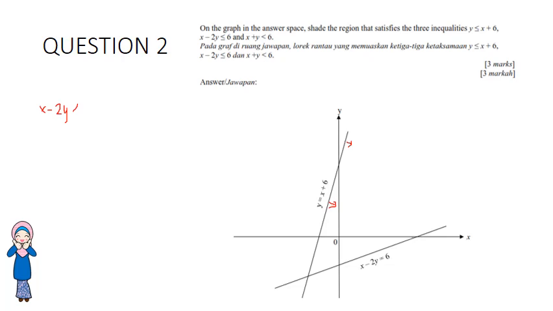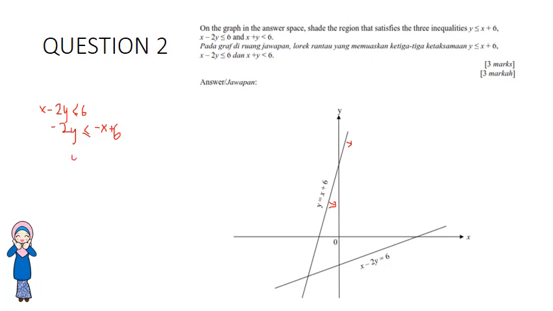Okay, so firstly, this is the equation given. So we need to make y the subject. So we need to move x to the right hand side. So it becomes negative 2y less than or equal to negative x plus 6. Now we need to remember once we multiply both sides by negative numbers or divide both sides by negative numbers, the sign changes.